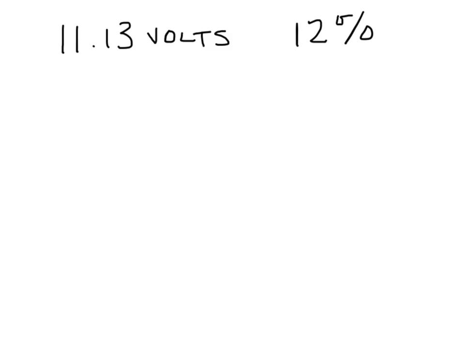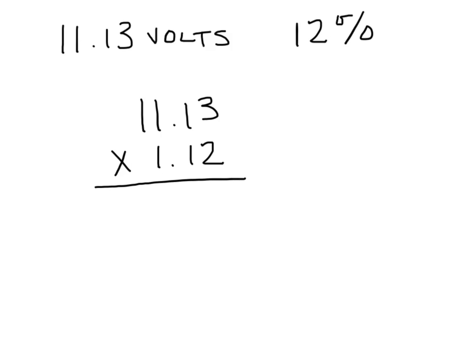So, to determine when it's going to break, which is the question being asked, we're going to take our voltage, 11.13, and multiply it by 1.12. The 1 at the beginning here is so I don't have to add that 12% on. It's going to come out and the answer will be complete as written.